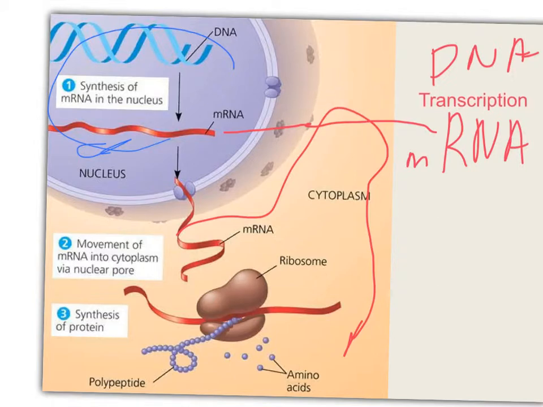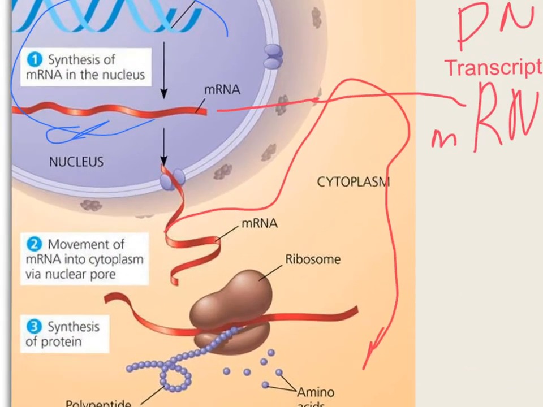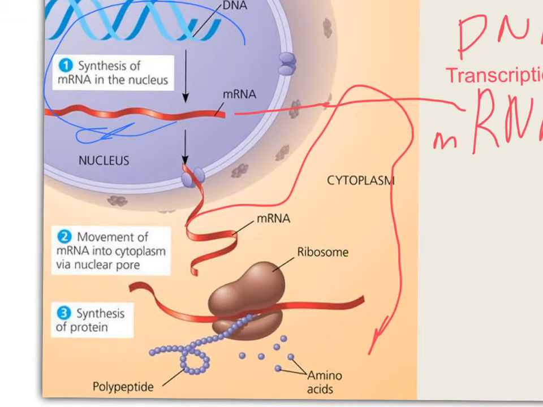Okay. Now, this messenger RNA, which is a complement to one of the DNA strands, it moves through this pore. So there's ways to get things in and out of a nucleus, and it's a protein pore. And here's the mRNA. And it's now in the cytoplasm.